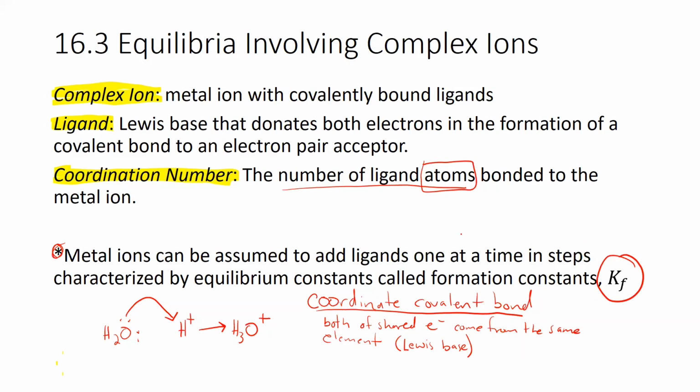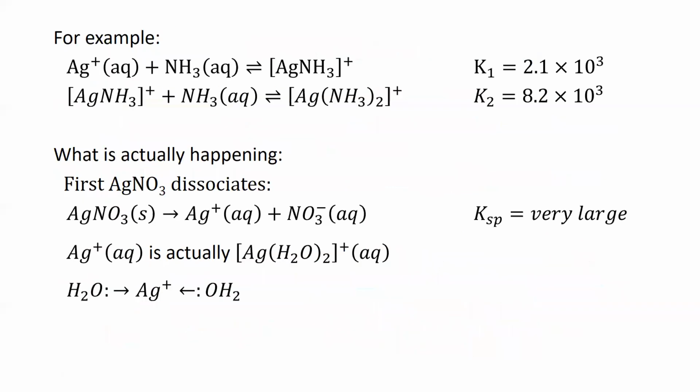Now, we're gonna look at how this works for really one particular situation first, okay? And that situation is silver forming the silver compound that has 2 ammonia molecules attached to it, okay?